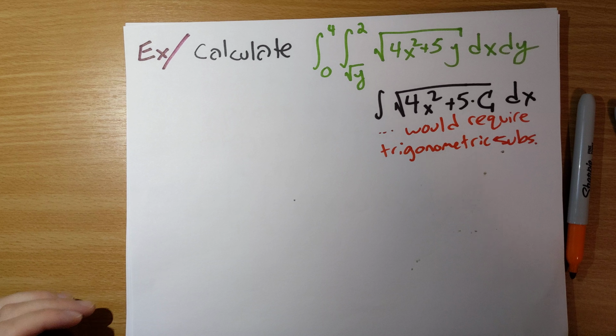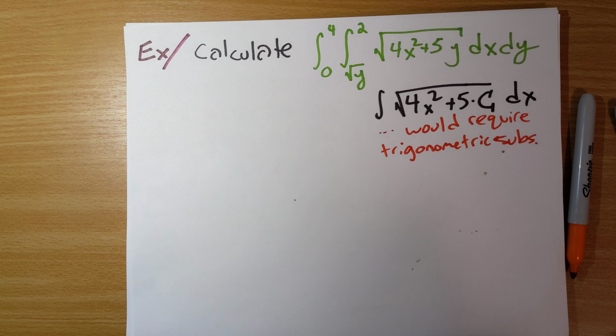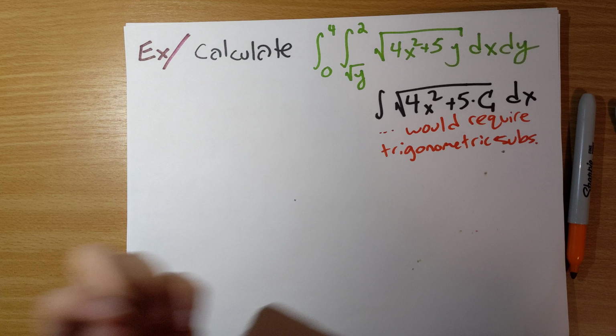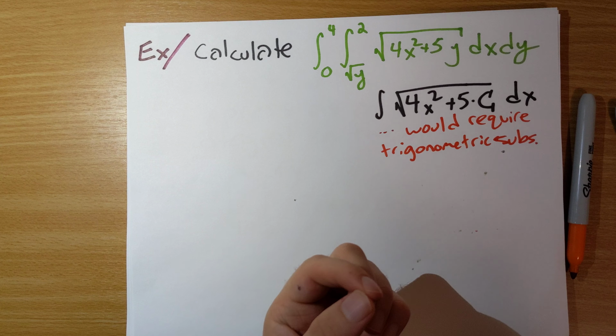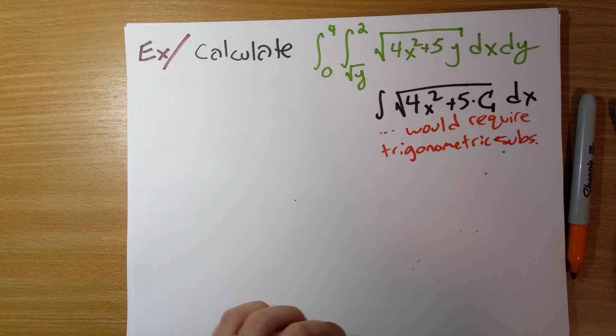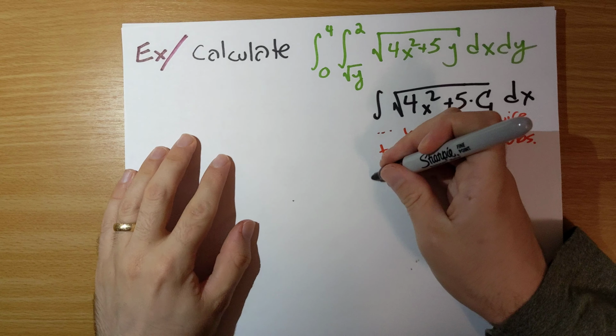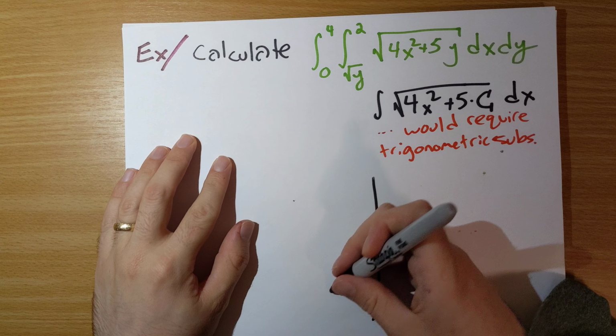Let's try to take the easy way out. Let's try to do this more simply. Let's think about swapping the order. So I didn't tell you sketch the region of integration and write an equivalent integral with the order of integration reversed, but that's how we're going to tackle this.